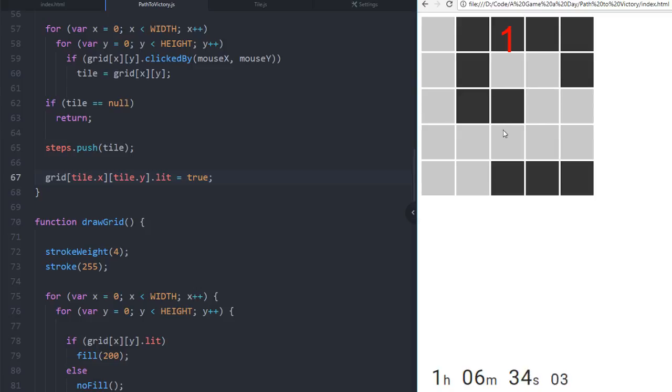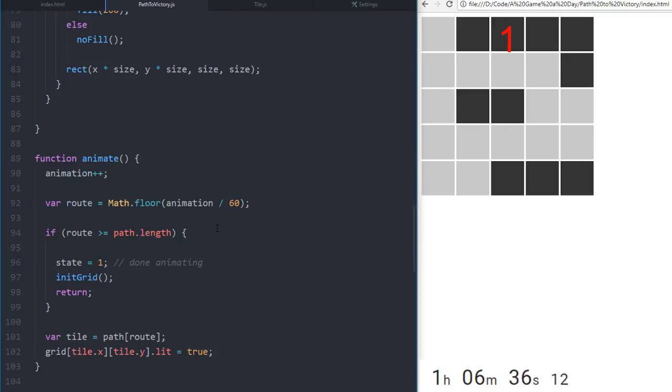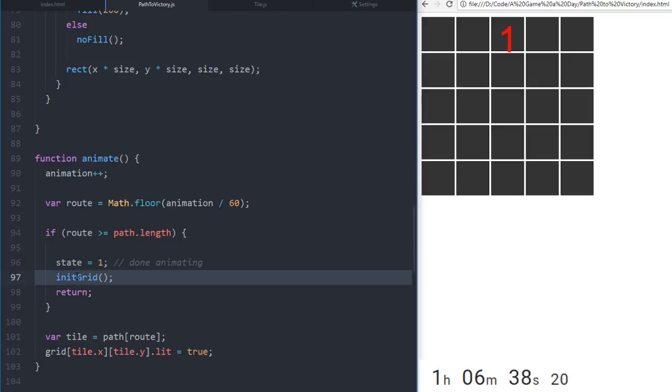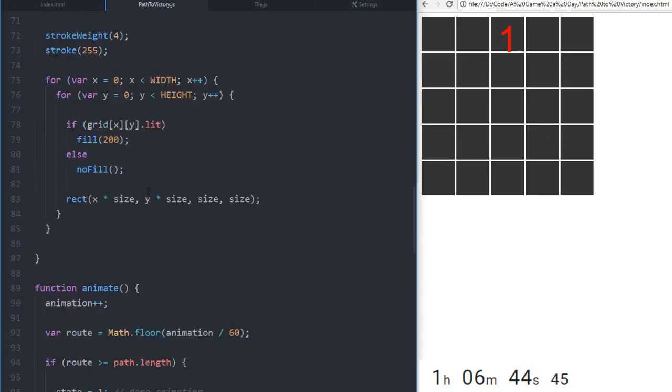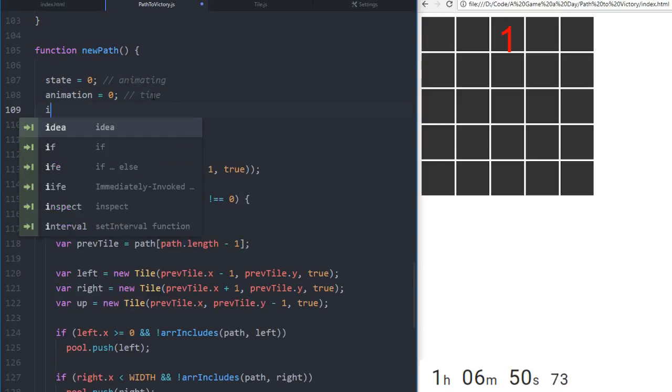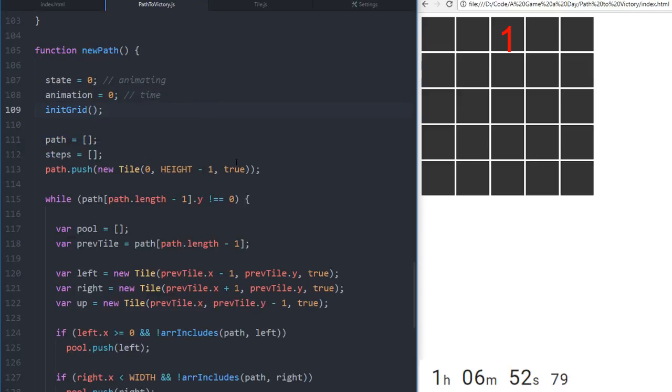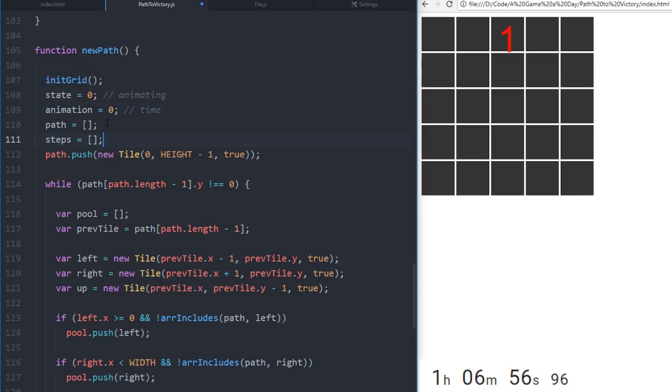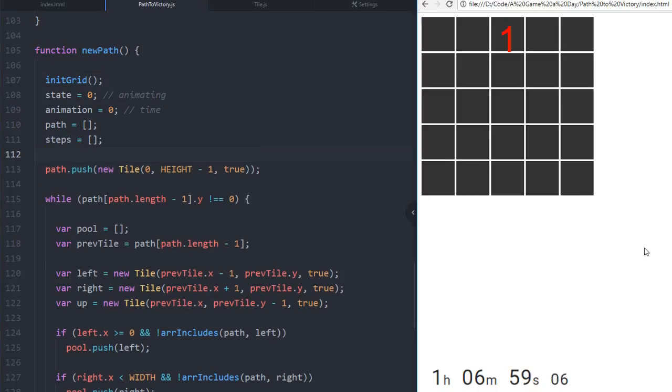I thought we reset grid every time. Do we have init grid? Animate? Oh, I guess it only happens when you're done animating. So when we say new path, we need to say init grid. So we need to initialize the path essentially.